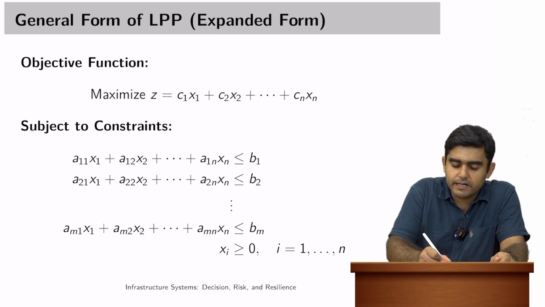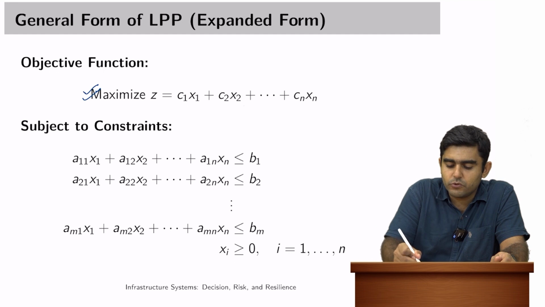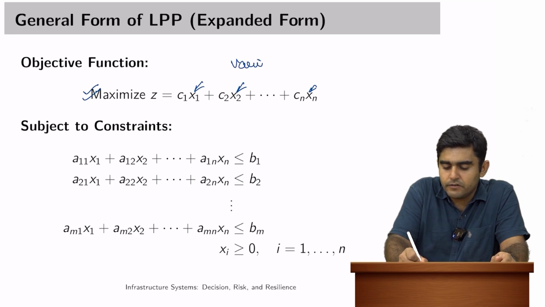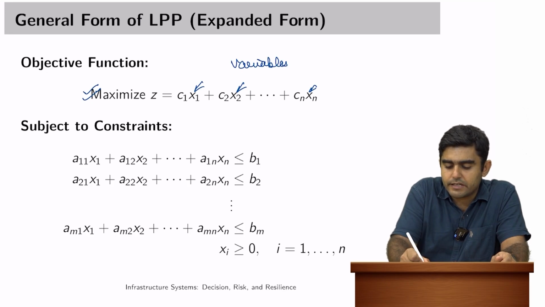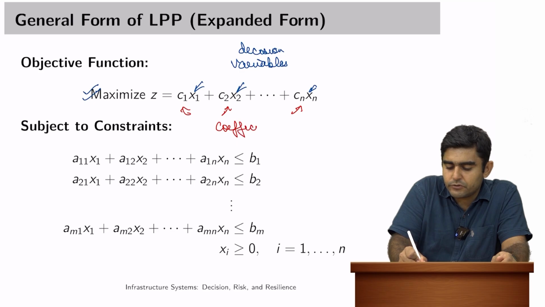So, we would see that this can be stated as a maximization problem, z equal to c1 x1 plus c2 x2 plus up to cn xn, where x1, x2 and xn are of course variables which we often categorize as decision variables, and c1, c2, up to cn are coefficients associated with these decision variables, which are given to us as some constants.